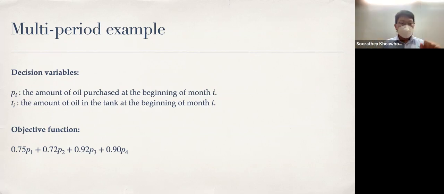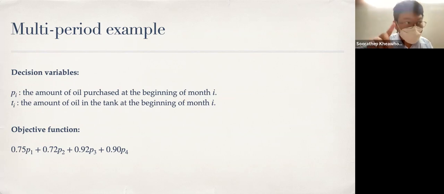Okay, so now we look at the objective function. Because no income is involved in this case, the target is only to minimize the total cost. So we look at the cost. We have 0.75, the price of oil, right?